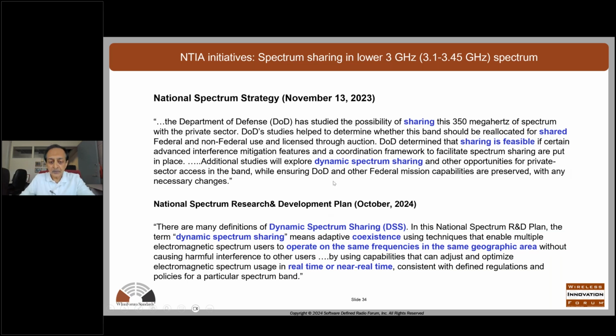Now, the very expression dynamic spectrum sharing, DoD has been using it for some time, but for those of us in the industry that are more familiar with 3GPP, the dynamic spectrum sharing expression means something very different. It is spectrum sharing between 4G LTE and 5G NR that has been in place for several years, right from the beginning introduction of 5G in the US.